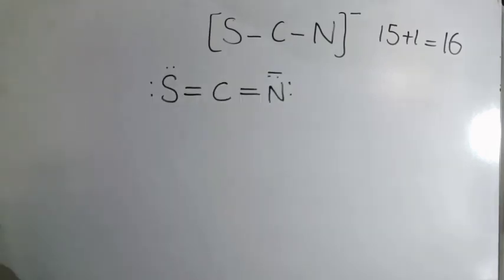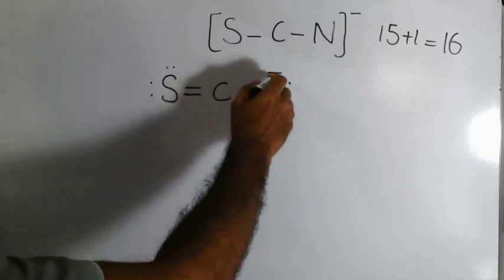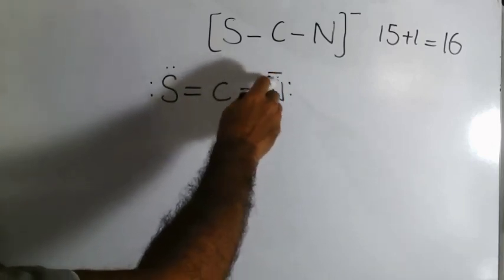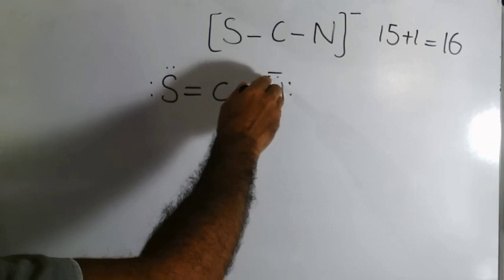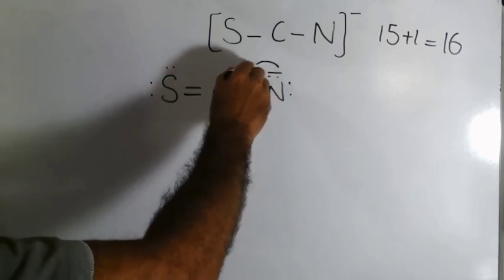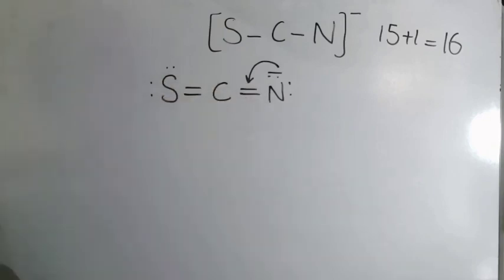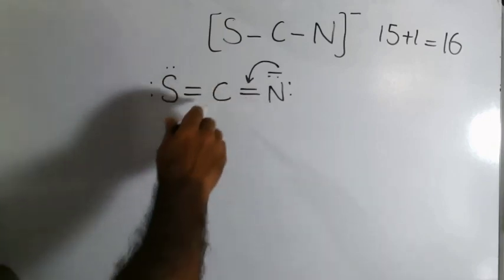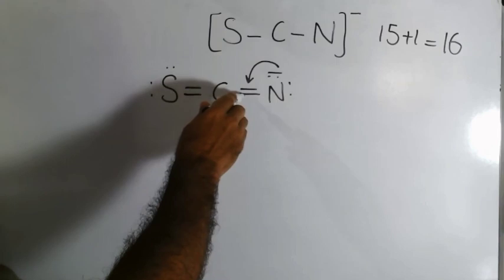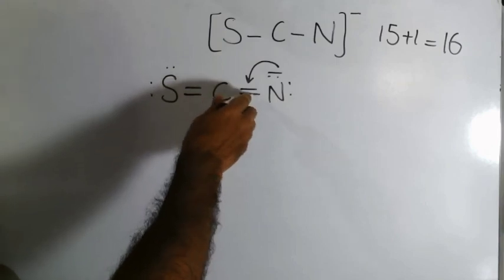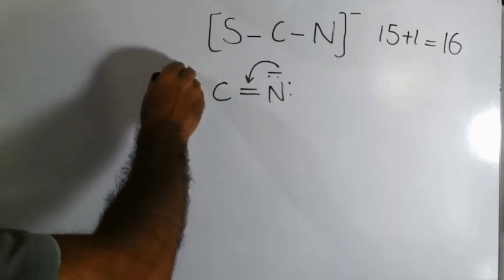Now we have to look at the resonance structures because these electrons will delocalize as they permit. So there's a negative charge on nitrogen. That means extra electrons. So these 2 electrons can delocalize into the bond between carbon and nitrogen. Once it delocalizes, a new bond will be created, so this bond has to break.